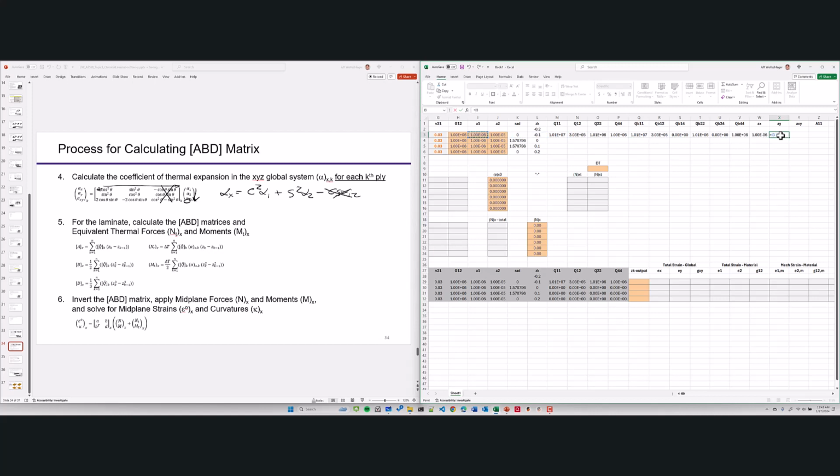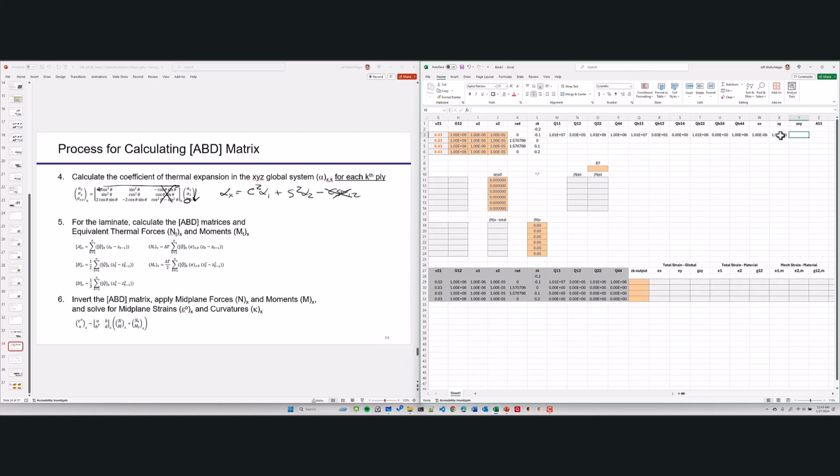And then I can calculate my alpha y, so that's equal to alpha 1 times the sine of that raised to the 2 plus alpha 2 times the cosine of that raised to the 2.